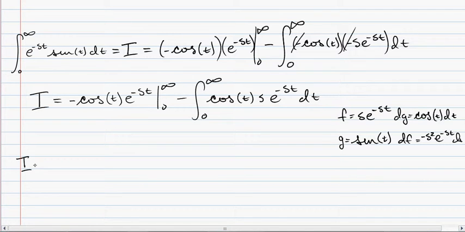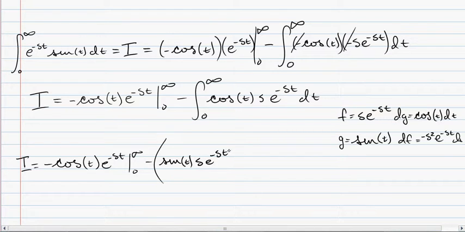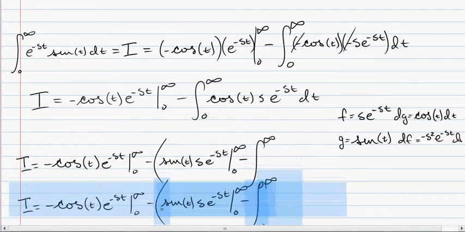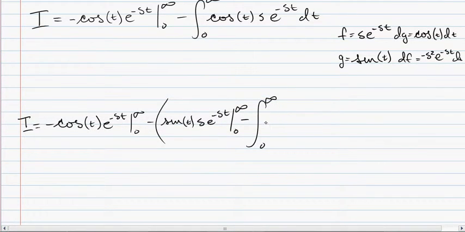So I is equal to negative cosine of t e to the negative st, minus s times sine of t e to the negative st, from 0 to infinity, minus again the integral of sine of t times negative s squared e to the negative st dt.